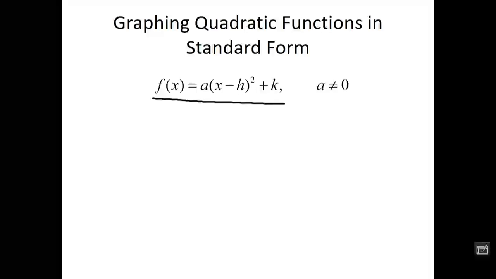Expressing the quadratic function in standard form allows us to immediately identify the vertex. The coordinates of the vertex would be h, k.